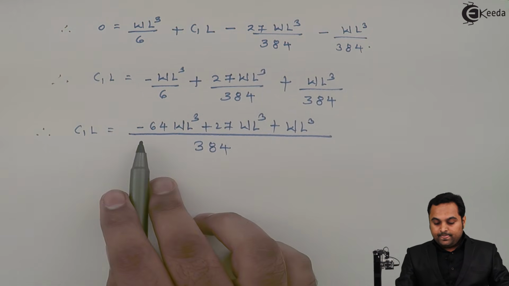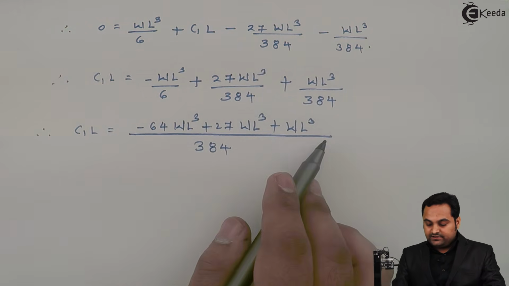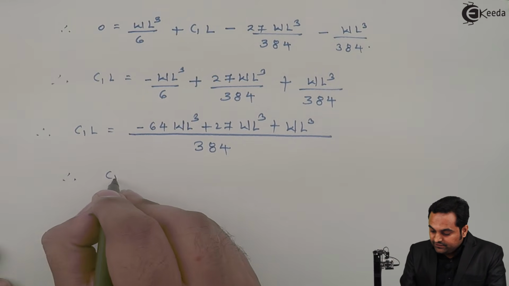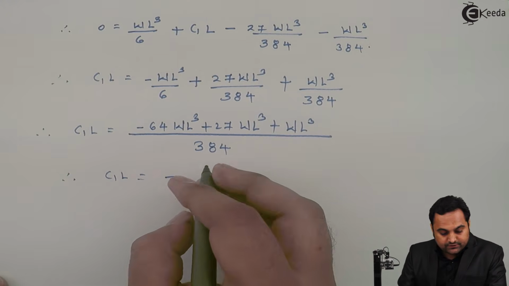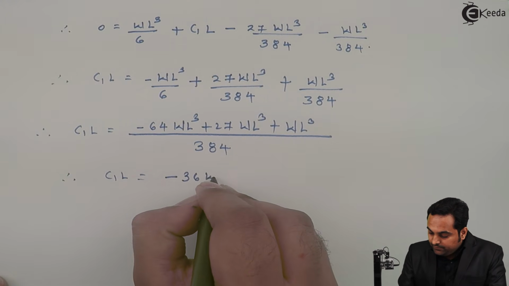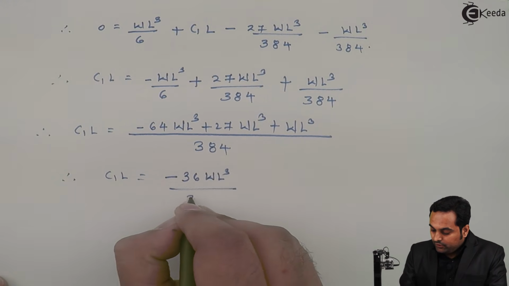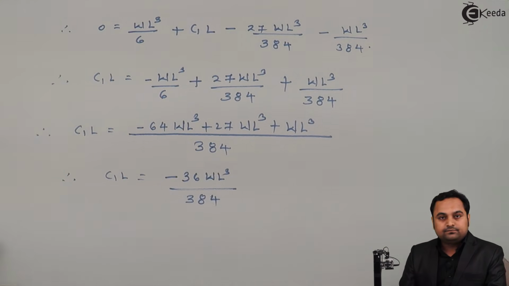So finally, if I am simplifying this, I'll get C1 into L as minus 36 WL cube upon 384.